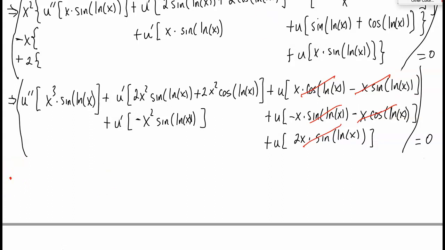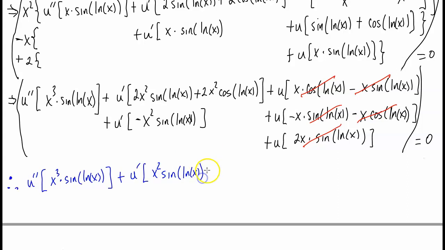And let me switch colors again. All right, so therefore we have u double prime of x cubed sine of natural log of x plus, and then here we're going to have u prime, and we'll combine these two terms to just be x squared sine of natural log of x plus 2x squared cosine of natural log of x.